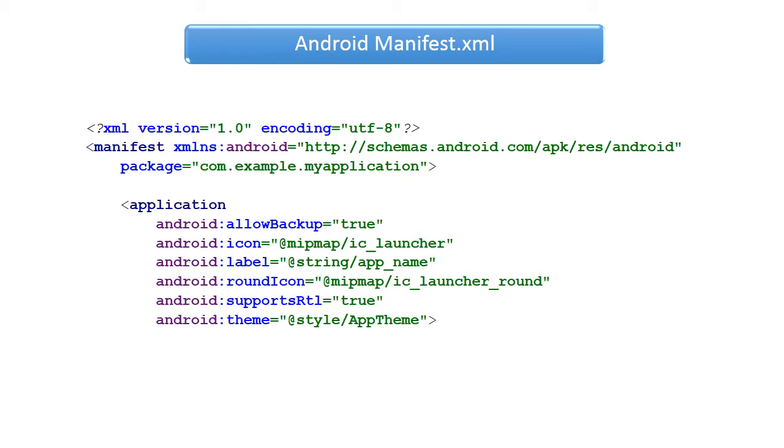Then be sure to disable it for your release builds. The application node also acts as a container for the activity, service, content provider and broadcast receiver nodes that specify the application components. The name of our custom application class can be specified using the android:name attribute.